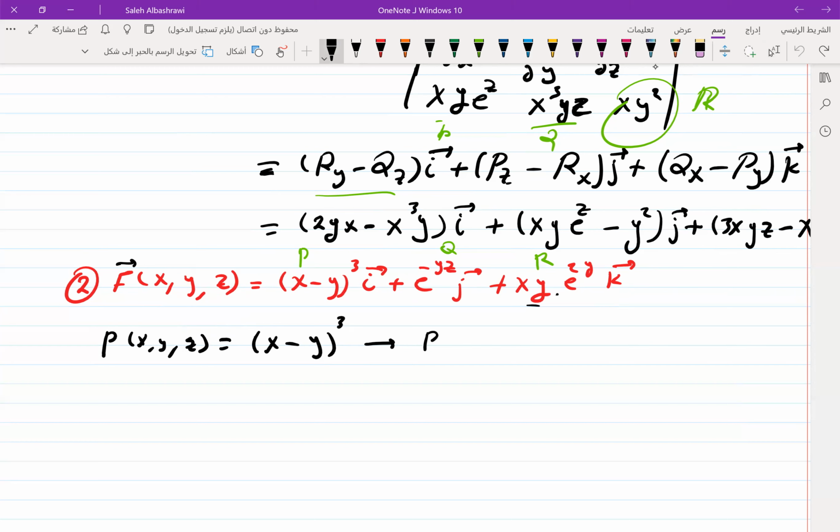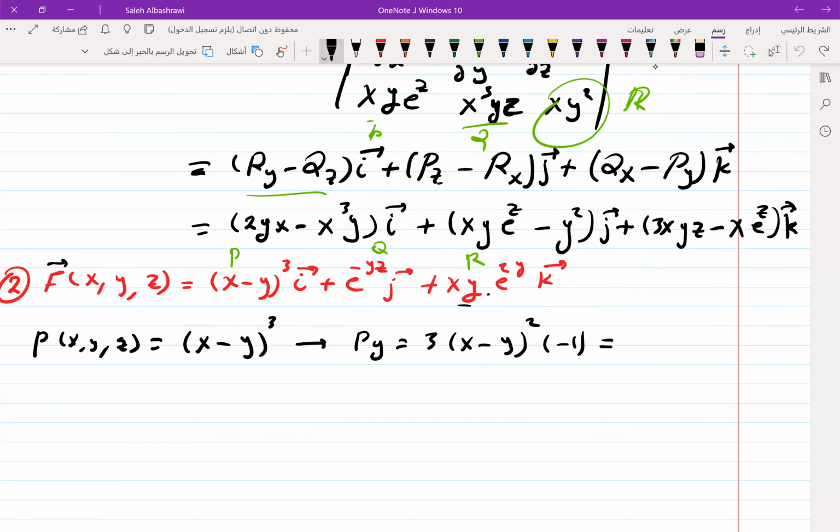So P sub y is equal to 3 multiplied by x minus y to the power 2, multiplied by the derivative of what is inside, which is minus 1. So it is minus 3, by the chain rule, x minus y to the power 2.